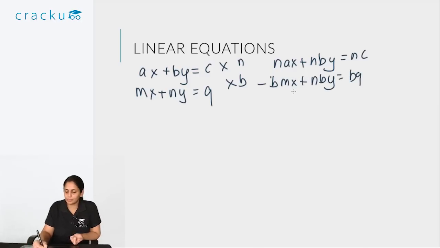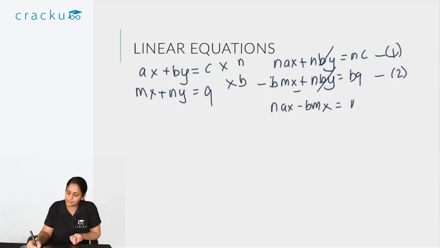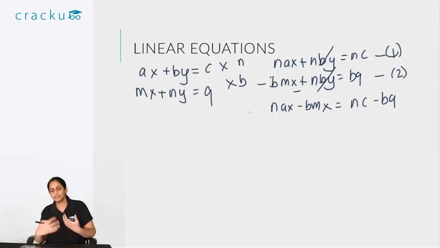Say this is equation 1 and this is equation 2. If I subtract equation 2 from equation 1, I will be cancelling off nby and I will get nax minus bmx is equal to nc minus bq, and then I can calculate the value of x. Similarly, I can then calculate the value of y.